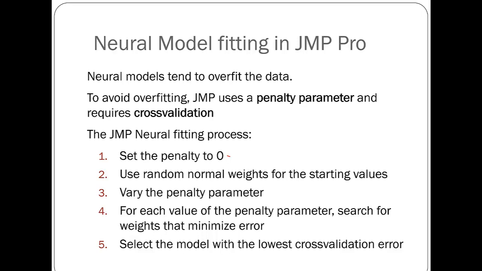This sounds like the whole data mining process wrapped into one fell swoop, and in fact that's what's going on once you specify the composition of the neural network and turn JMP Pro loose on it. It will come back with the best neural network on the validation set.